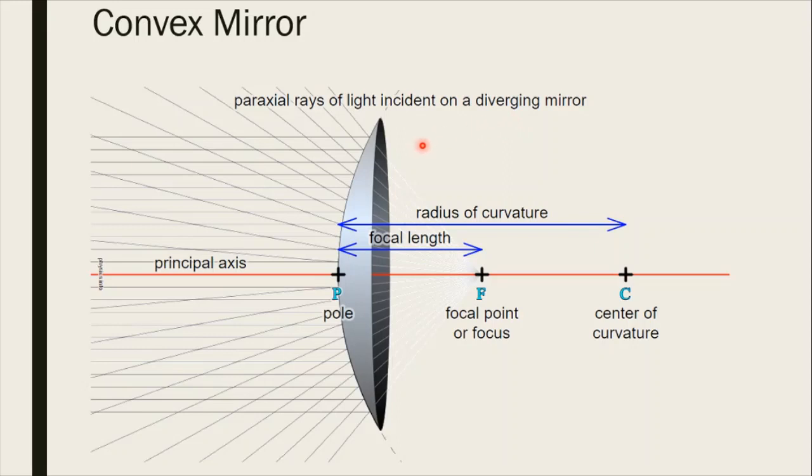This is so because the paraxial rays of light after incidence are reflected, scattered or diverged from the reflecting surface. But what is worth noting is that when we extend the reflected rays backward, all the divergent rays appear to meet at one single point that is called the focal point or the focus of the convex mirror.